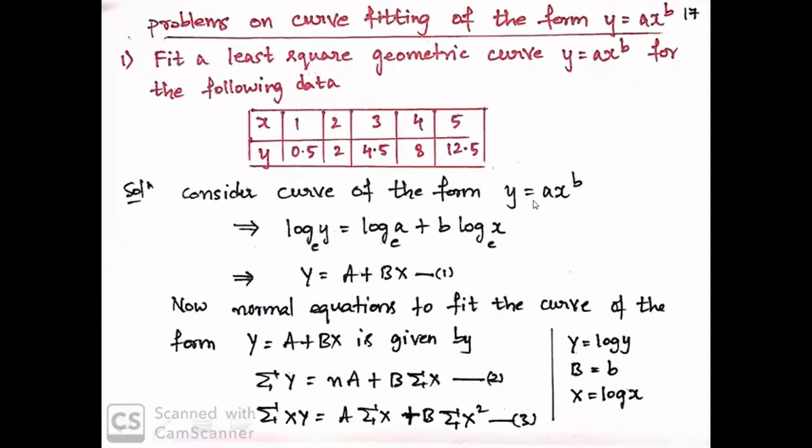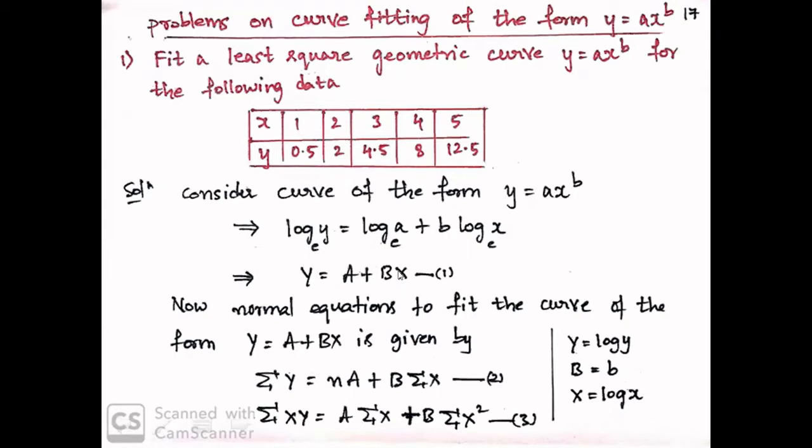If I take log of this equation, I get log y to the base e is equal to log a plus b into log x to the base e. To change the parameters, it becomes capital Y is equal to capital A plus capital B into capital X, where capital Y stands for log y, capital A for log a, capital B is nothing but small b, and capital X is log x.